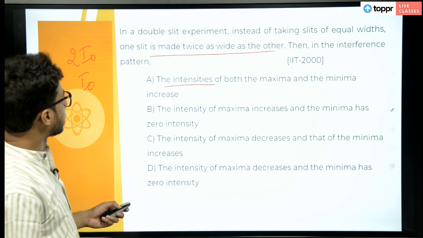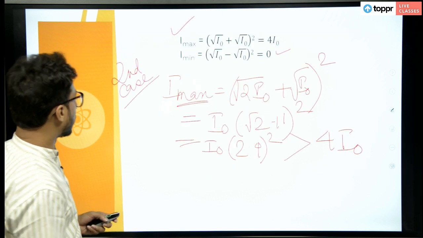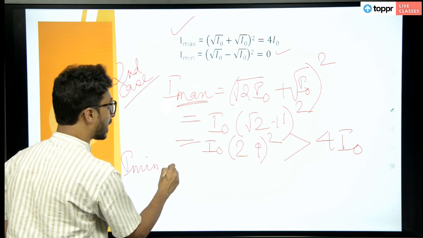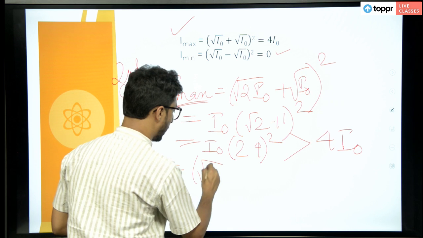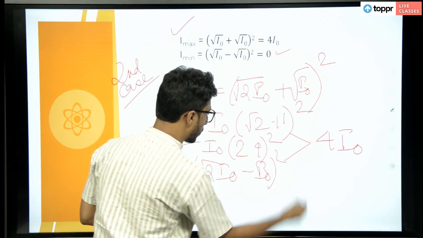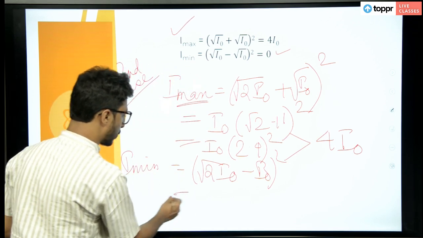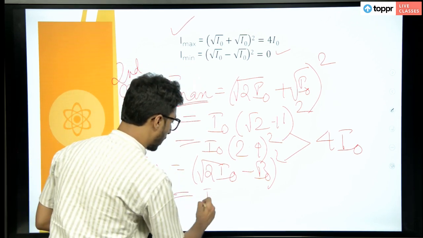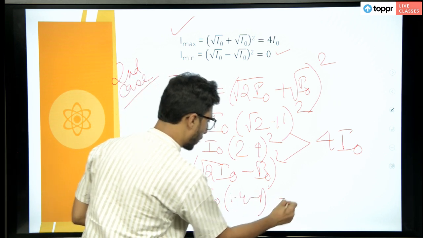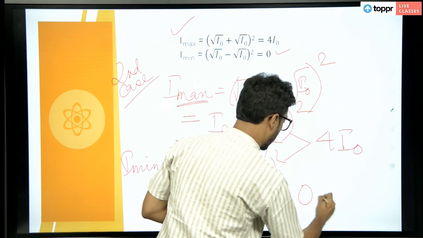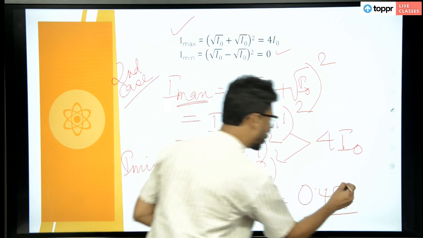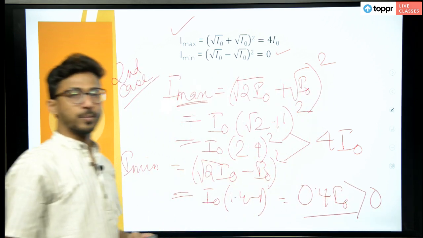For the minima, what will happen? Similarly, root 2I0 minus root I0 whole square. So this will be I0 times 1.4 minus 1. It is somewhat 0.4 I0, which is also greater than 0.